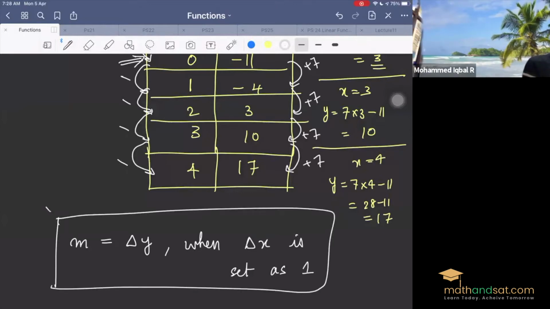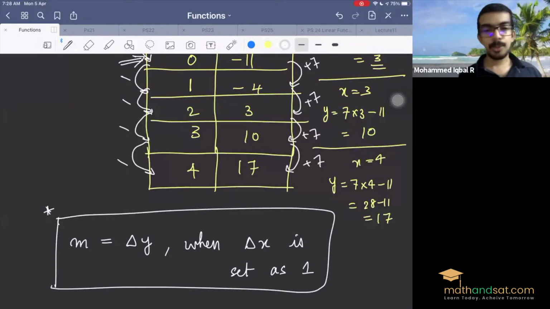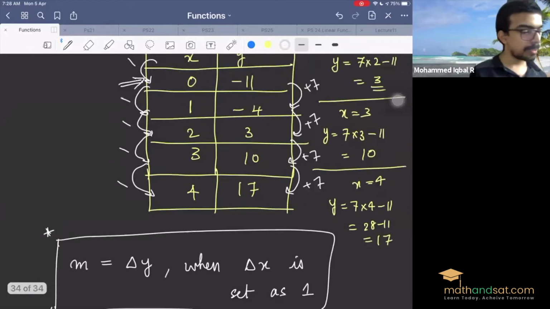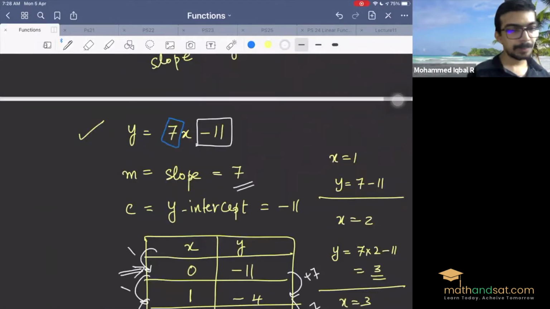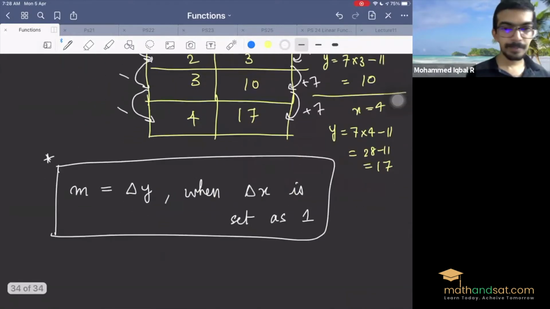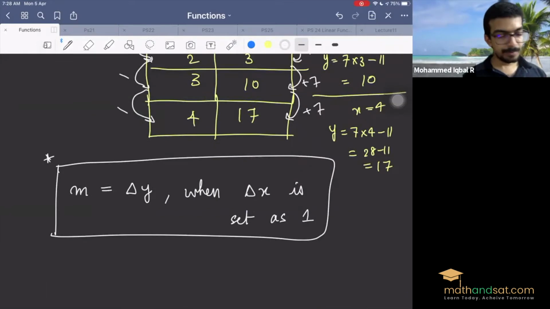So this is the significance of your m. M is this number 7. Hope this is clear. Change in y when change in x is set as 1. So far so good. Please tell me.